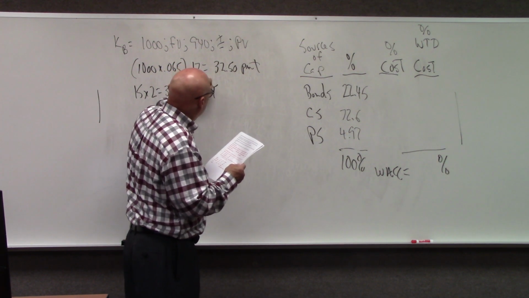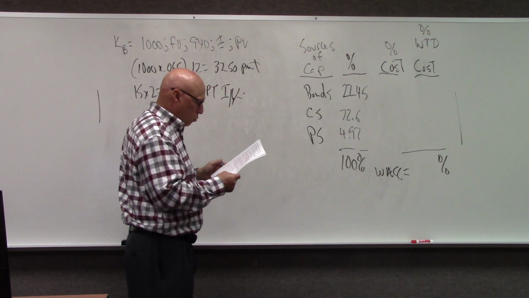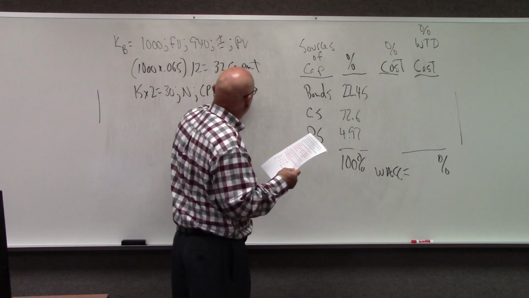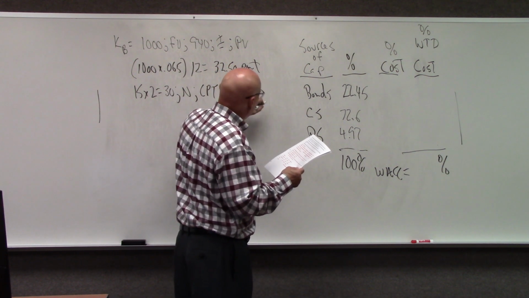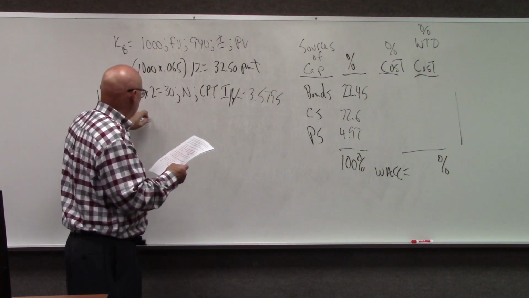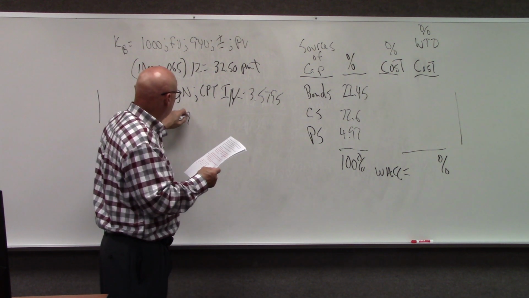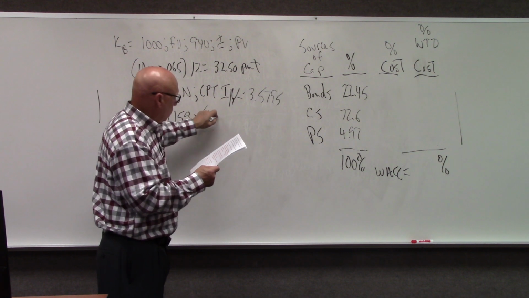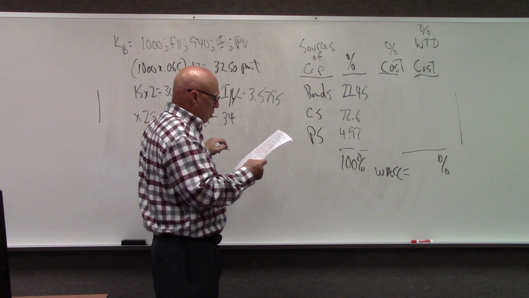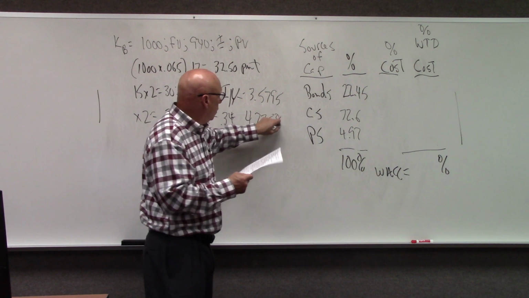Compute I/Y, and we get 3.5795. Times 2 is 7.159%, times 1 minus the tax rate is 4.725%.